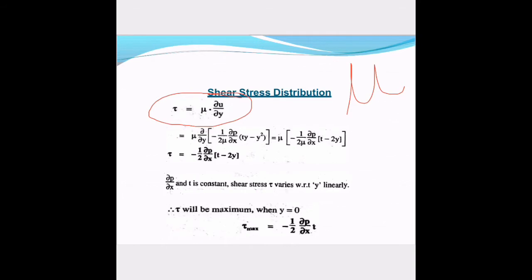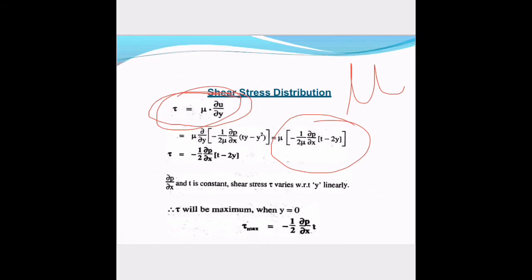and simplify this equation. The equation will be mu del by del y of minus 1 by 2 mu del p by del x into (ty minus y square). If you simplify this, mu into minus 1 by 2 mu del p by del x into (t minus 2y).